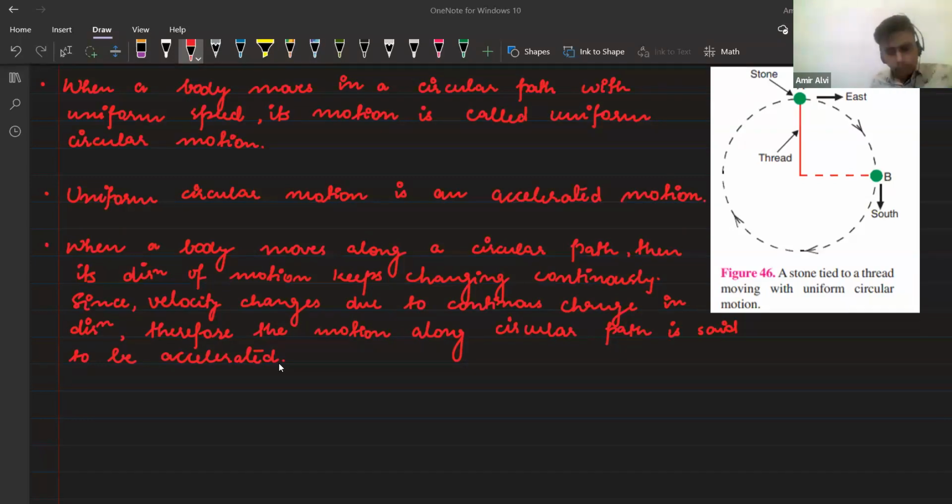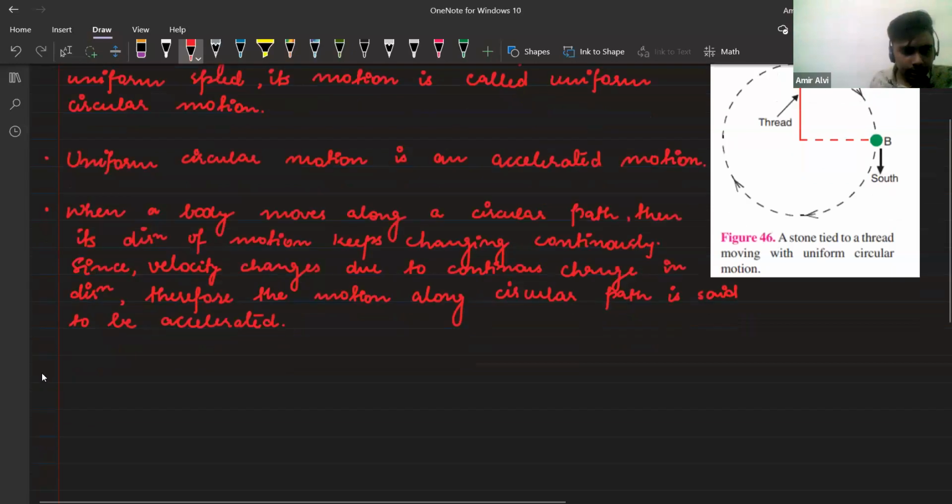Yes, sir. Okay. Next thing is that there is a force which is required to make the object travel in a uniform circular motion. That force is called centripetal force.